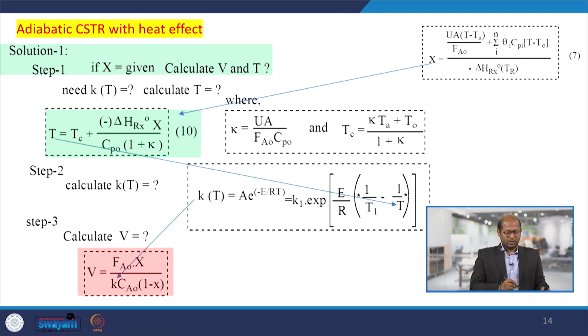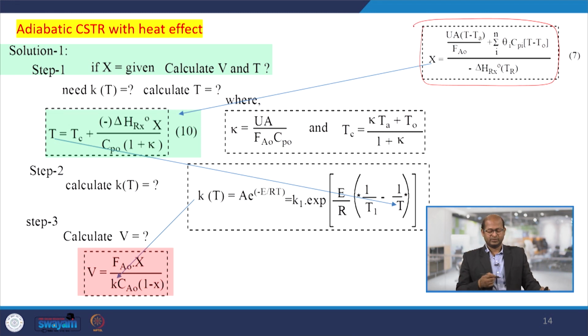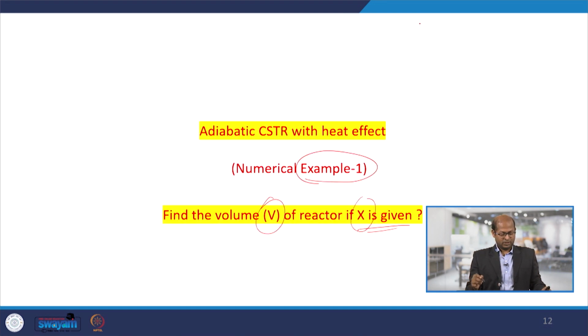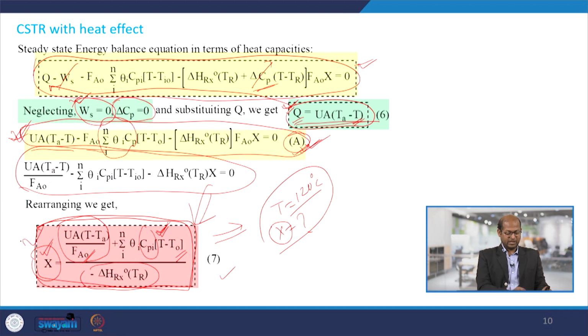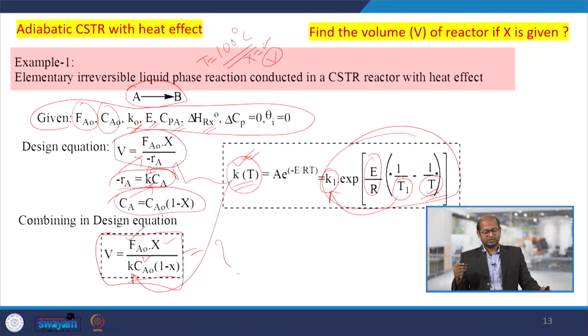Now, the energy balance equation we have just discussed can be expressed this way. This is the energy balance equation for CSTRs with heat effect.